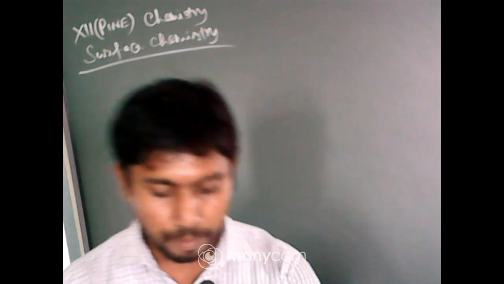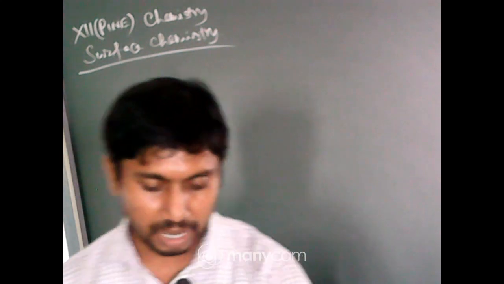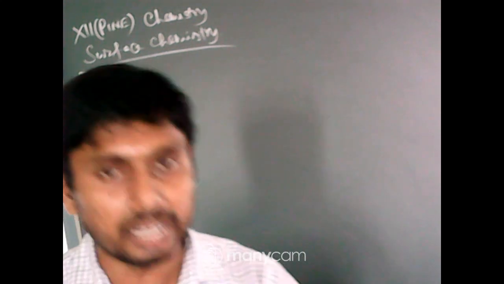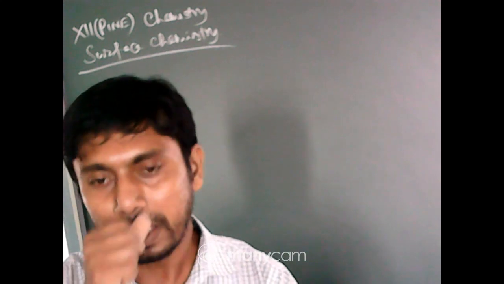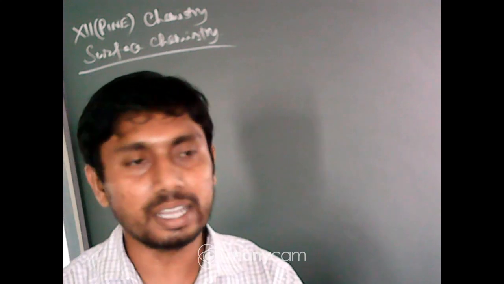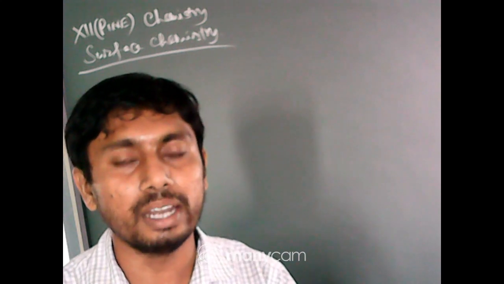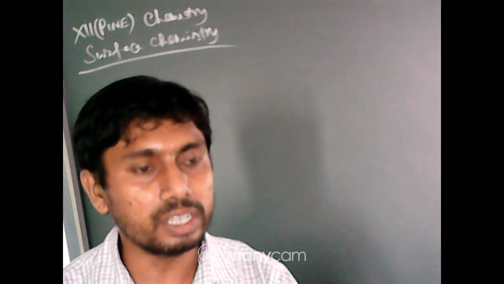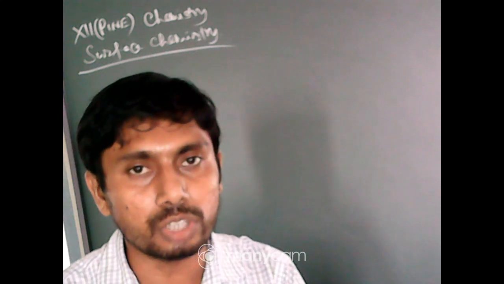Now the surface effects become even more significant when the surface under consideration is finely divided. What is the importance of a finely divided surface? You can see that the catalyst used is finely divided palladium or finely divided platinum. What is the importance of finely divided?